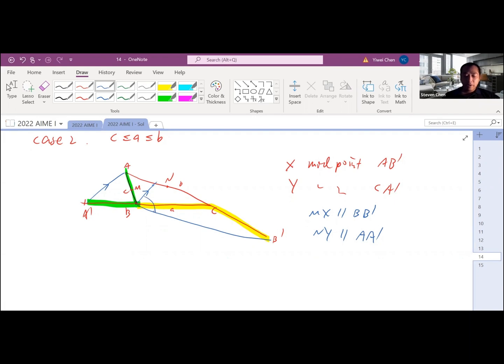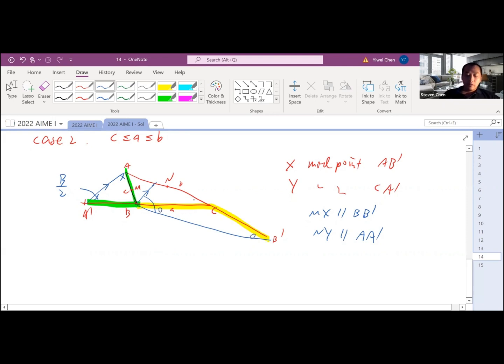Here's the thing. First, let's look at the green triangle, ABA prime. Because this is isosceles, we know that these two angles are congruent. And they should be equal to half of B. And then let's look at the bottom right triangle, the yellow one, because BC is equal to B prime C. So let me denote this as circle angle.